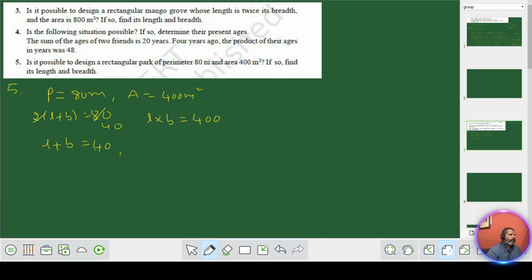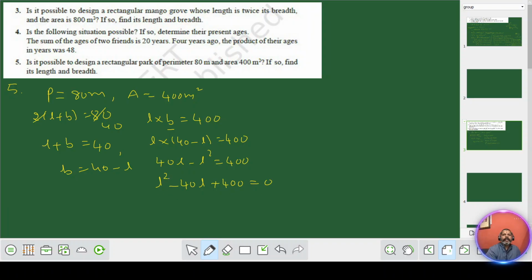Using L plus B is 40, substitute here B as 40 minus L. L into 40 minus L is equal to 400. Multiplying, we get 40L minus L square is equal to 400. Take everything to right hand side, you get L square minus 40L plus 400 equal to 0.